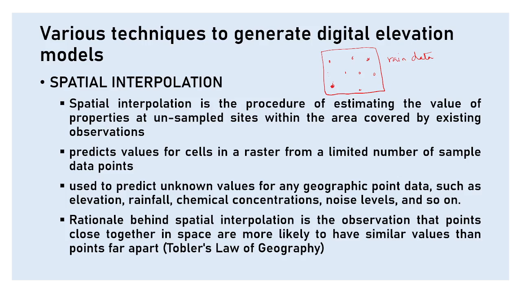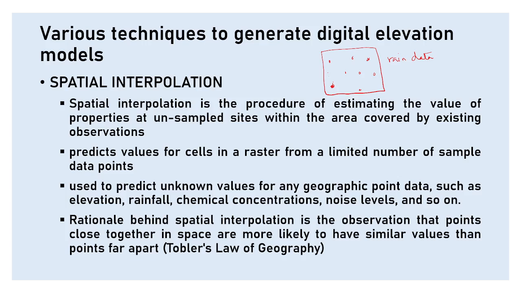And it should not be like you have 2 points and you use that to interpolate. So some permissible number of points are needed. It's not necessary that you have to have like 80% or something like that, but some number of points are needed in order to find the value of properties of the unsampled sites.